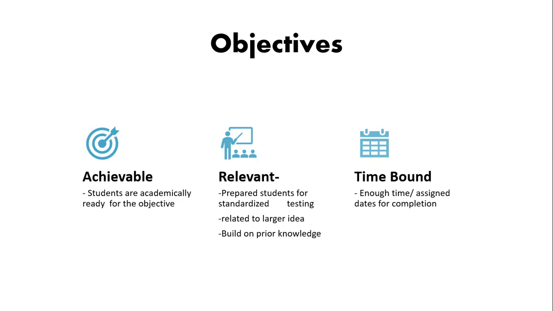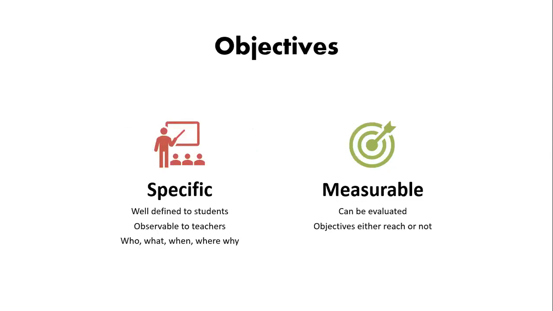Time bound means there should be a considerable time to implement this project. It should not be too long, like more than 2, 3, 4 years, nor too short. There should be an exact, real amount of time, enough to achieve this objective.